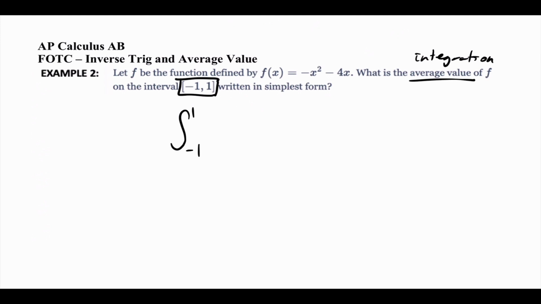So positive 1 is b, negative 1 is a. So it's going to be 1 over b minus a. And then the function is negative x squared minus 4x. Well, the fraction that's going to be in front is just 1 over 2.